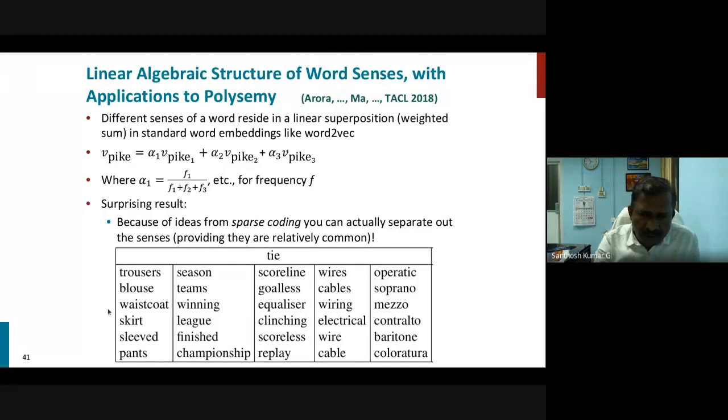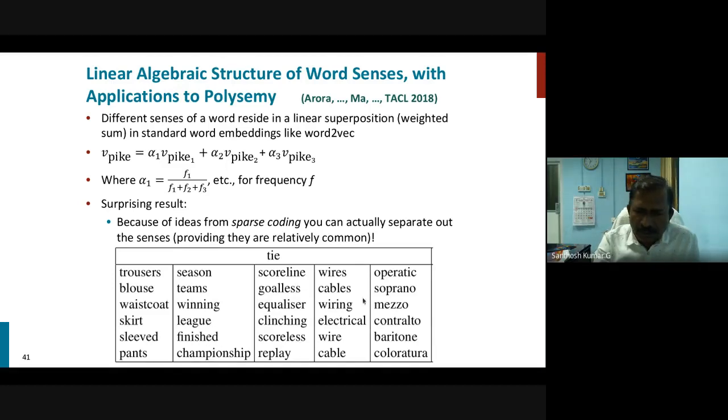It could be something related to the dress that we wear, or some game-related championship, a league, right?